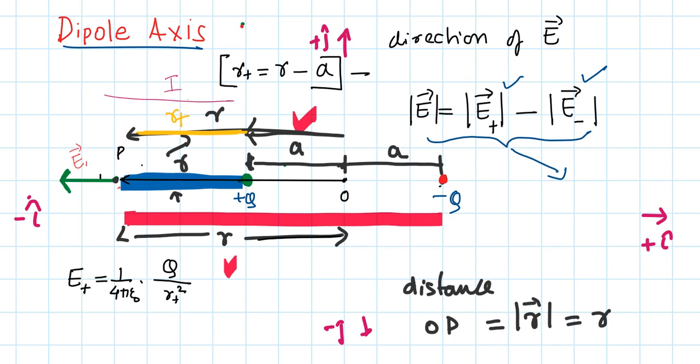So you know R plus. Then what is R minus? R minus was this somewhat pink colored strip. Okay, R minus.